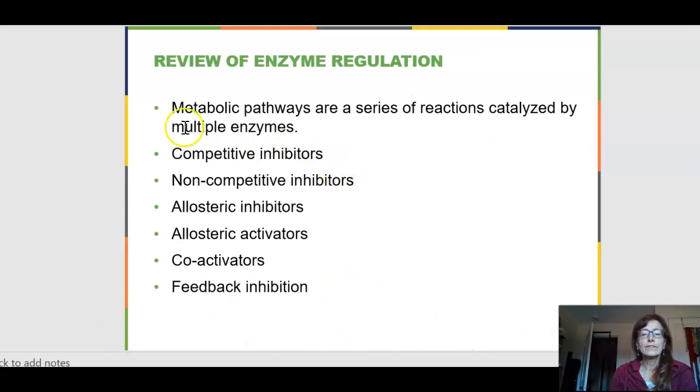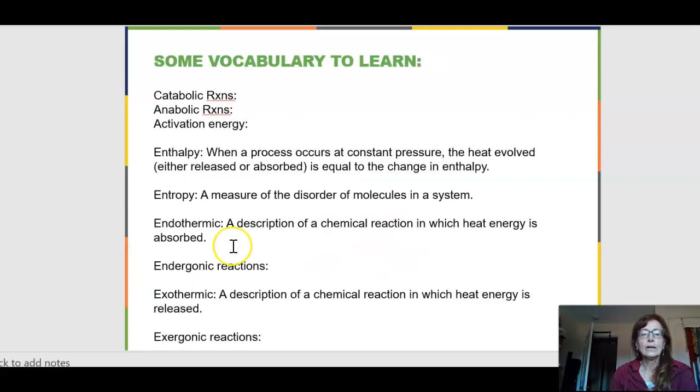So there are lots of different ways that we regulate in biochemistry. This is just to remind you that metabolic pathways are almost always some series of reactions with lots of enzymes involved, and then we have different ways to inhibit or activate these pathways. Lots of vocabulary was thrown in here.